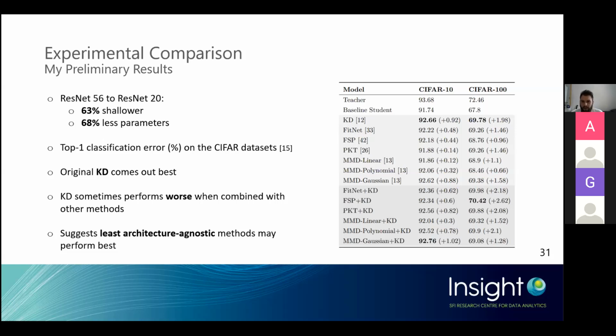And we also have evidence to believe that some of the least architecture-agnostic methods actually perform the best. So, for example, knowledge distillation and FSP both carry a lot of constraints on the layer sizes, and it's very hard to find scenarios where you can use them. So they're not very agnostic, but yet when you can use them, they seem to perform well.